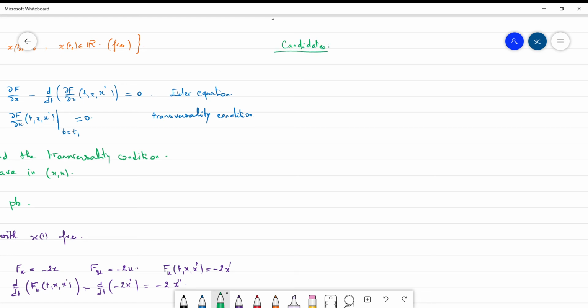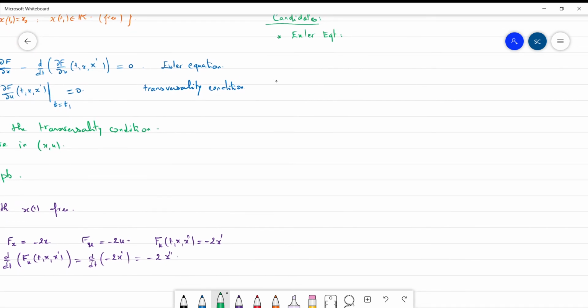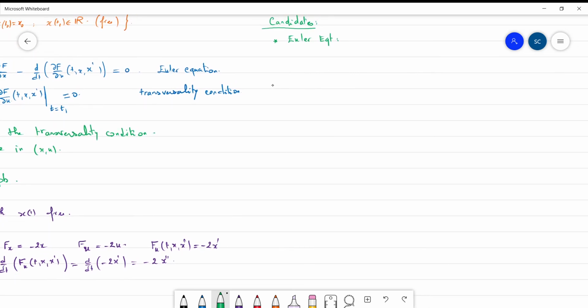So the Euler equation first must be satisfied. Let's write the Euler equation. I have my partial derivative, so it's fx minus d/dt of fu applied at (t, x, x') equals 0.